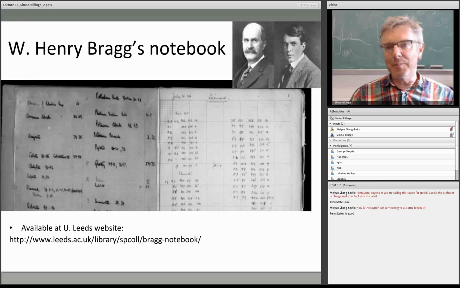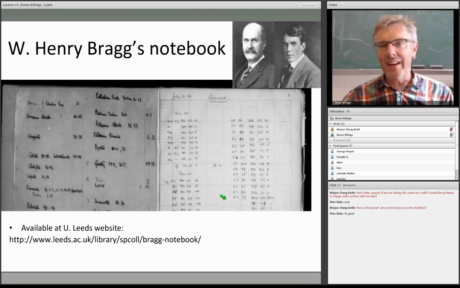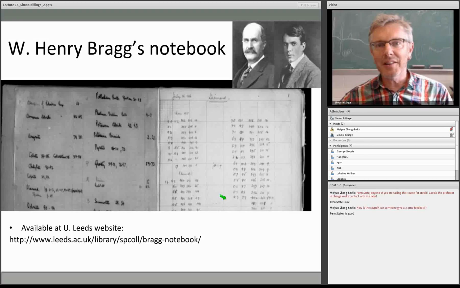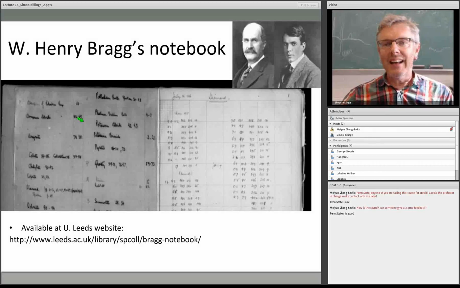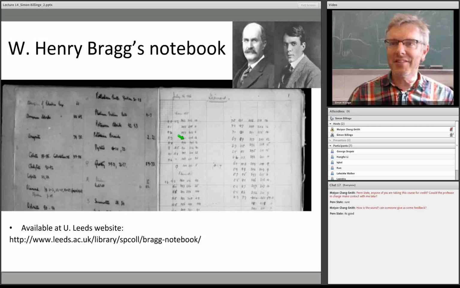And this was back in 1912 when he was doing this stuff. And there's his notebook right there. And you can see the way that science was done back in 1913. You made notes with a pen, and you collected data points, and you wrote down numbers like this. And this is the real notebook, which resulted in their first structure solutions, which resulted in their Nobel Prize.